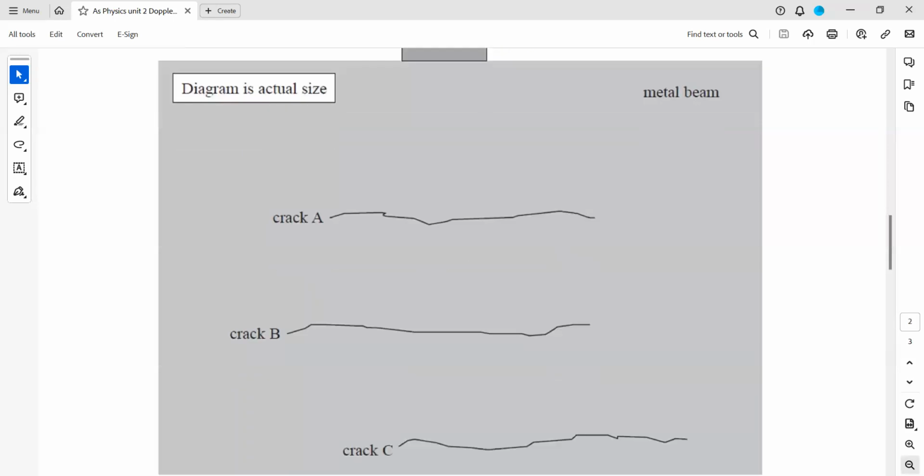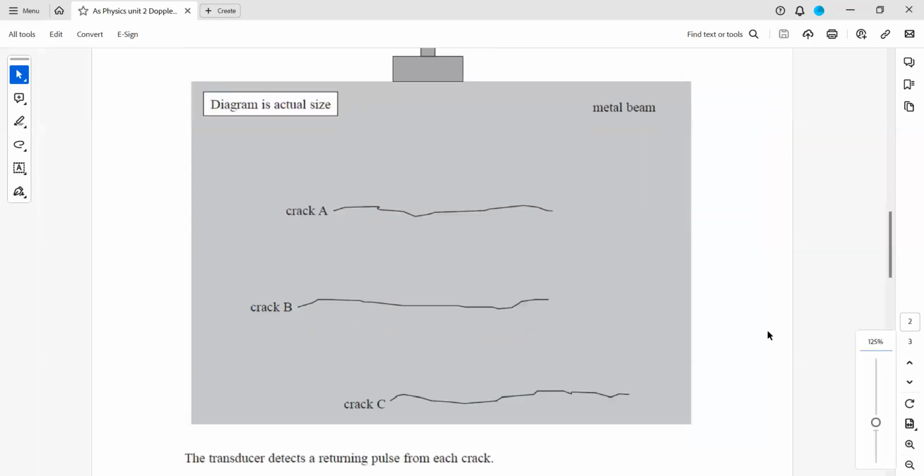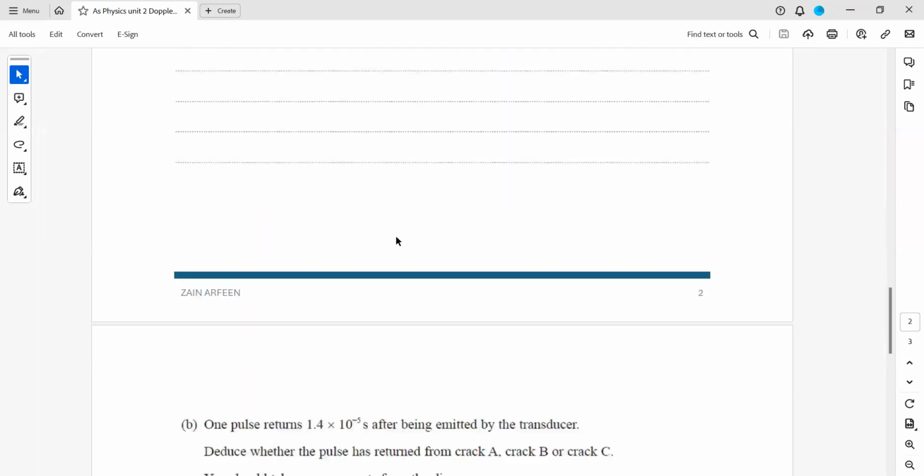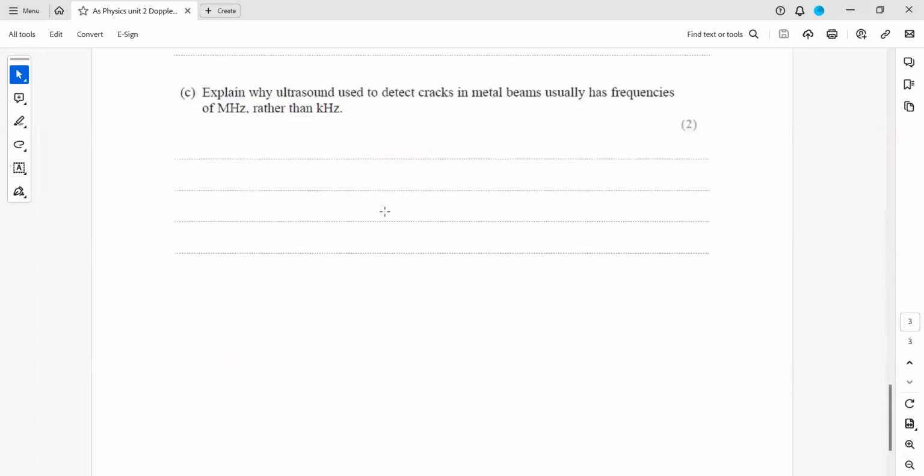The length of the pulse which we are using should be, say if this is 10 centimeters, smaller than 10 centimeters. So when we increase the frequency, as the speed is constant, the wavelength will decrease. And when the wavelength decreases, we get a more detailed image, with more detailed points of reflection.